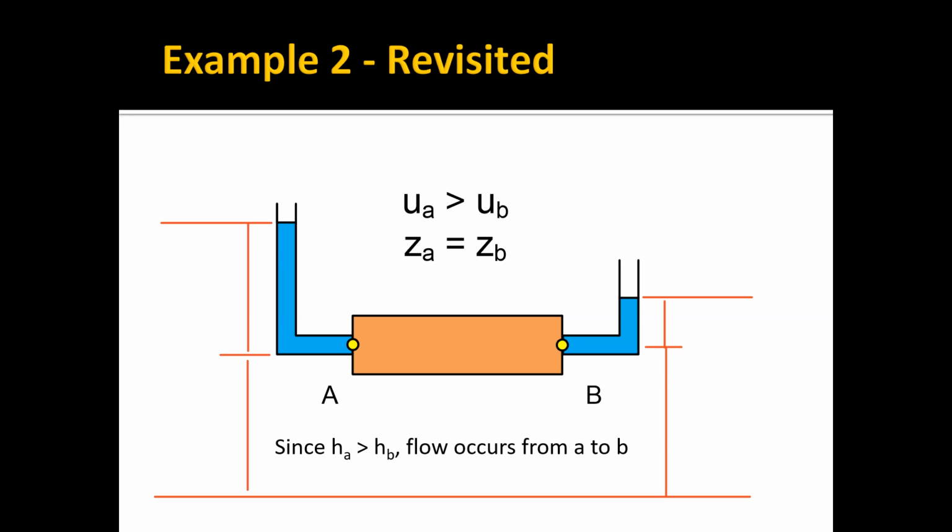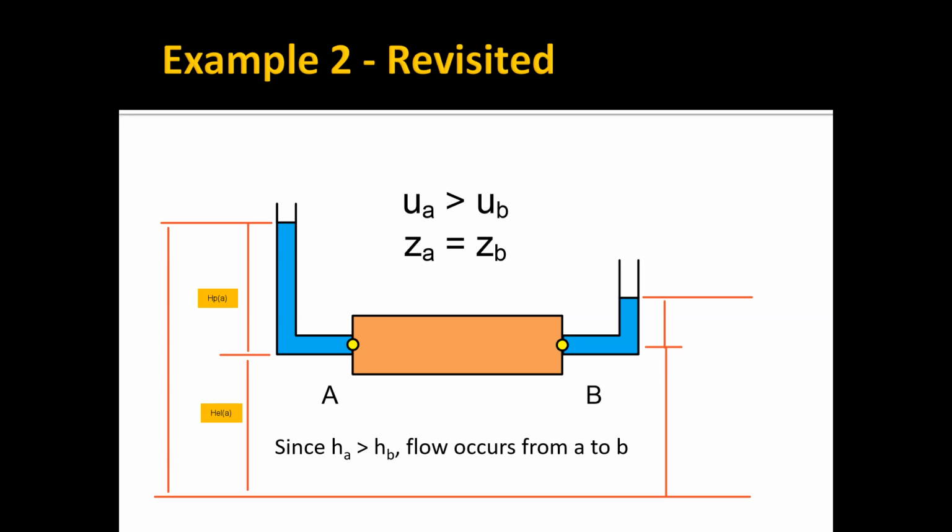And so this would be the elevation head at point A right here. This would be the, here's my label. There we go. This would be the pressure head at point A. And then, let's see, I need one more line over here.